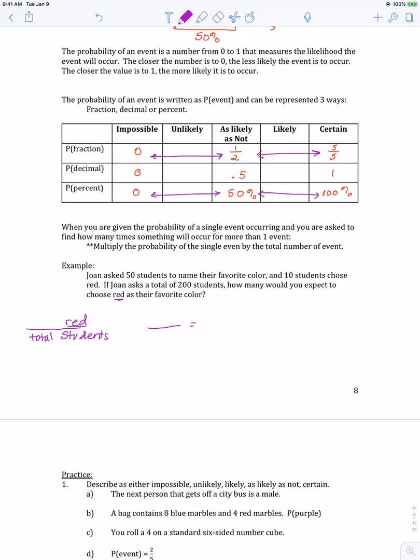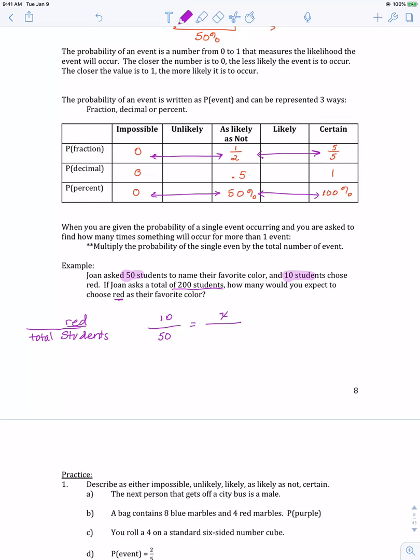So when I set up my proportion, I start with my probability for red. And what I know for red, what goes together, is out of 50, 10 of them chose red. They are the sample. They go together. So that's 10 out of 50. And then it says we have a total of 200 students, and I want red.